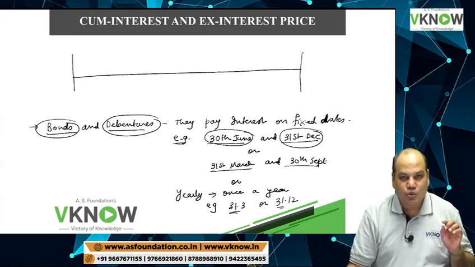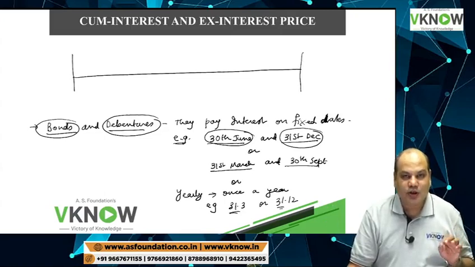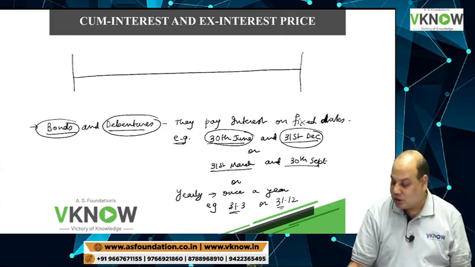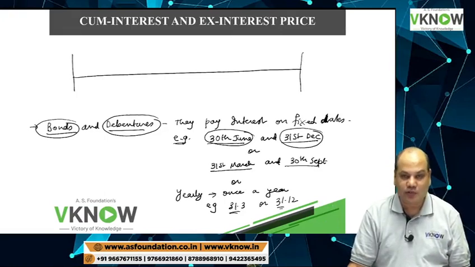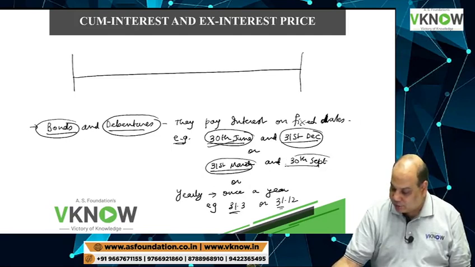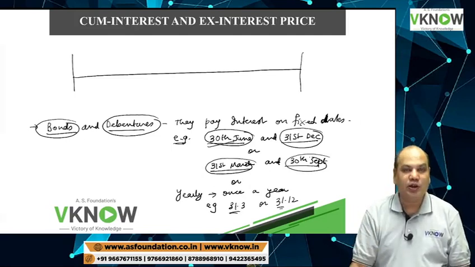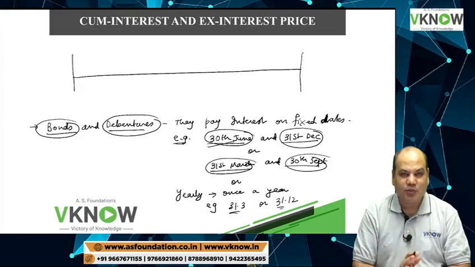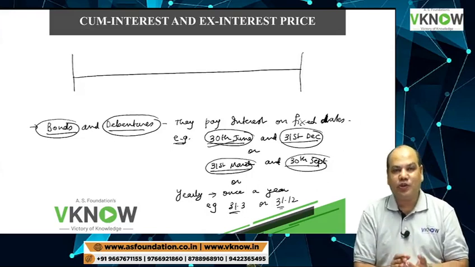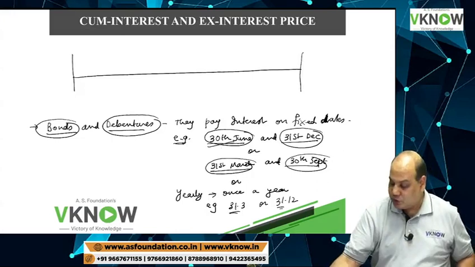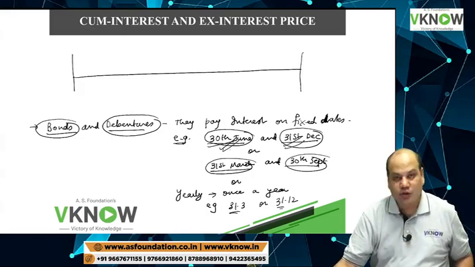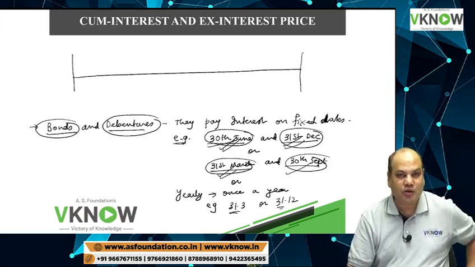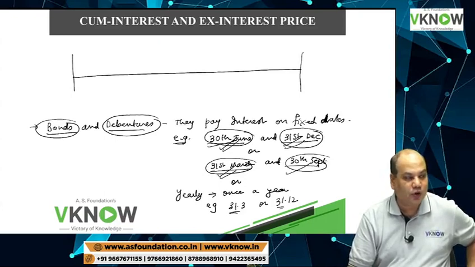The person whose name appears in the register of debenture holders on 30th June and 31st of December, or whatever date I have written, will be entitled to interest for that period. If it is a semi-annual interest paying bond, then the person whose name appears on the register on this date will get interest for 6 months, or 1 year depending upon the company's policy.